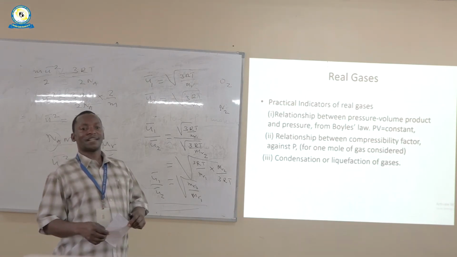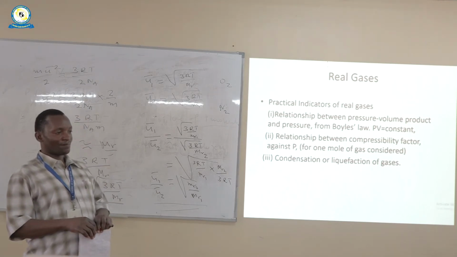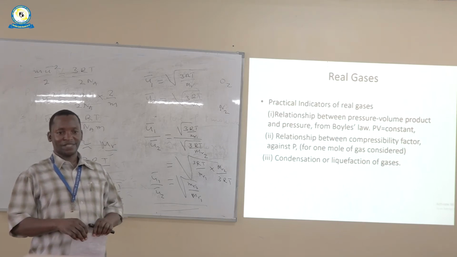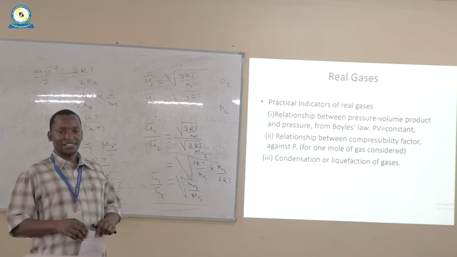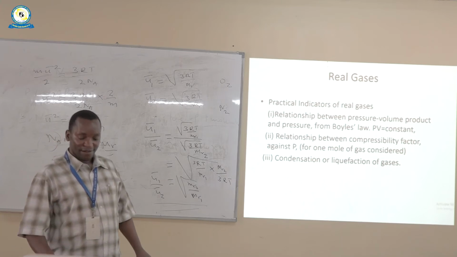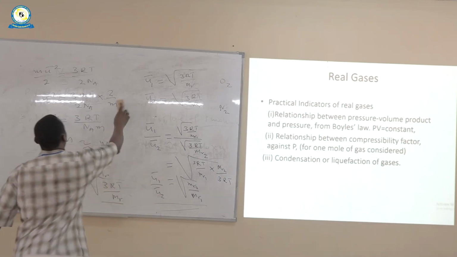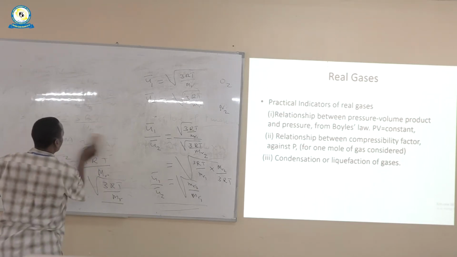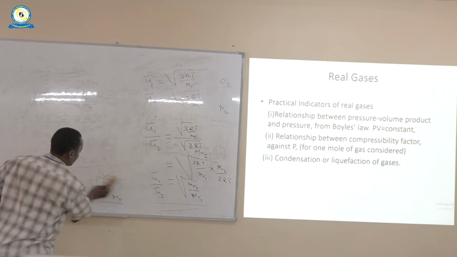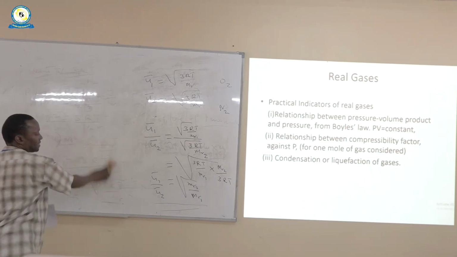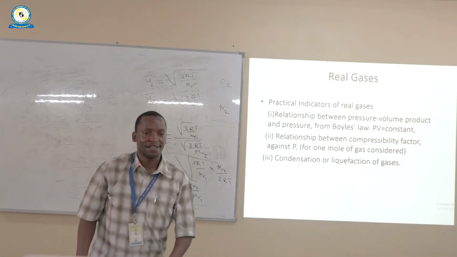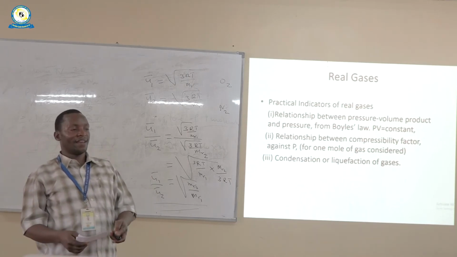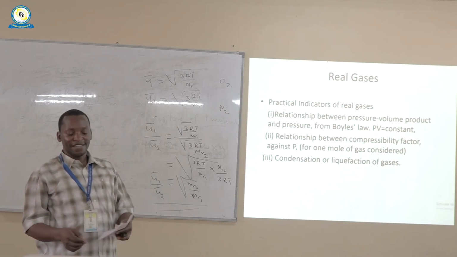There are some practical indicators for real gases. One of the indicators is the relationship between pressure times volume and the pressure.